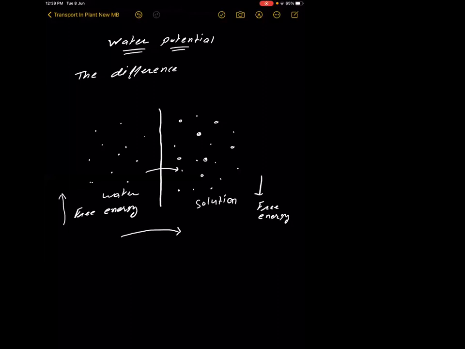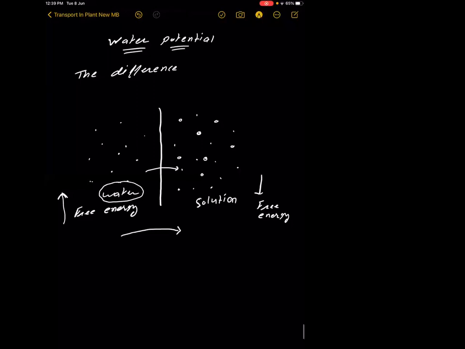Yes. Water potential means actually this is pure water. In pure water, the water molecules have high free energy. Obviously, they have high free energy because there are no solute molecules present. Now, in another step, if you form one solution, solution means what?